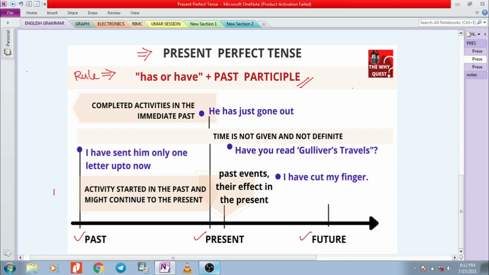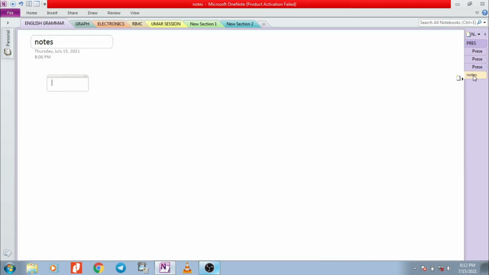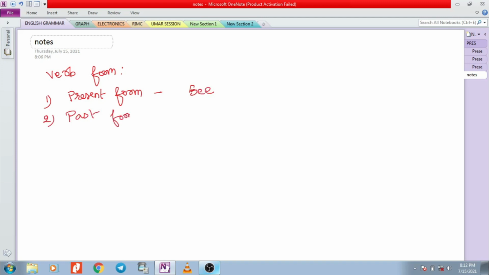So what do you mean by past participle? In the rule shown here, let's go to the note section. I will list out different verb forms. First one is the present form. Let's take the word see, for example. In the past form, you have saw.